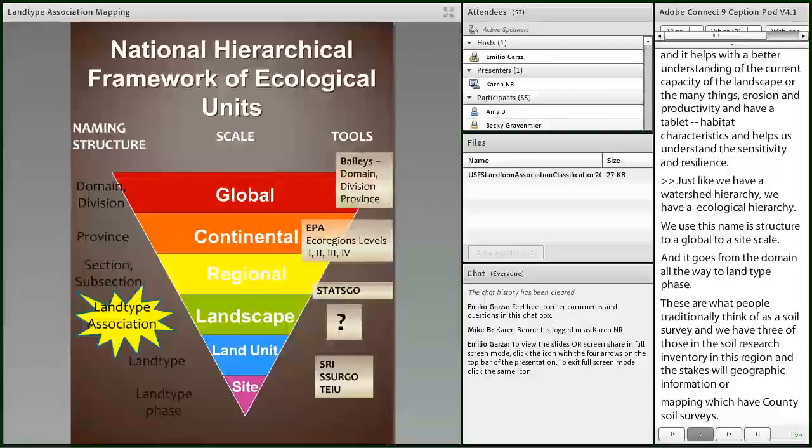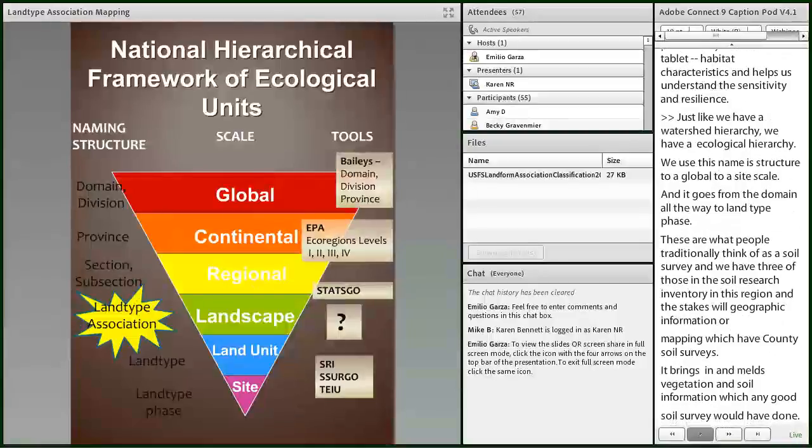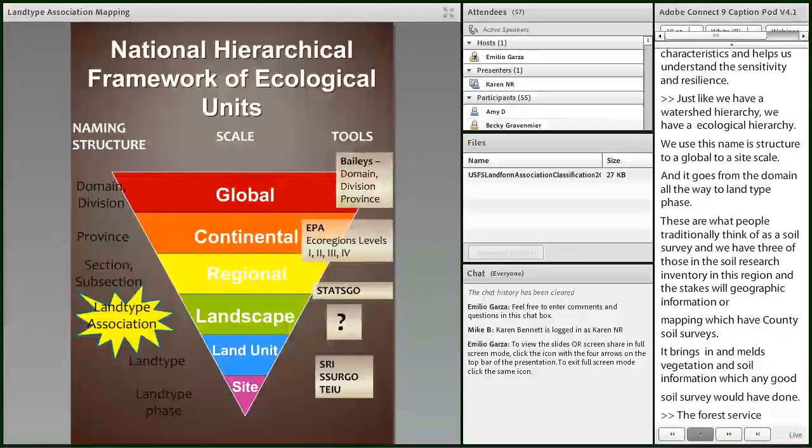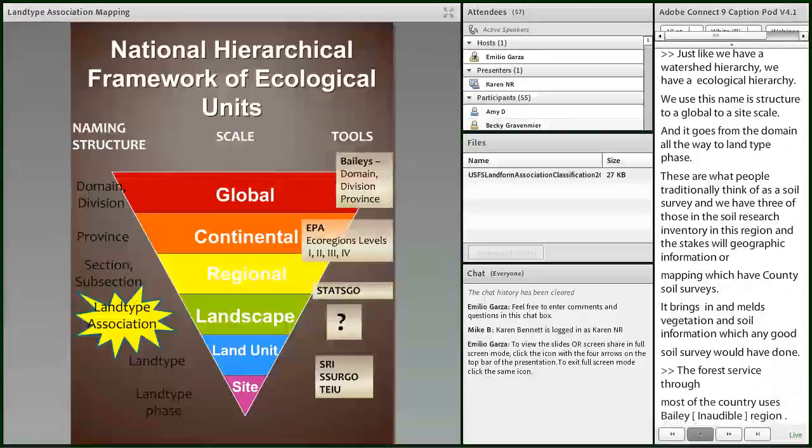So the Forest Service, through most of the country, uses Bailey's ecoregions. In this region, because we had a very collaborative effort between the EPA, USGS, Natural Resource Conservation Service, and the Forest Service, we all worked together to create the EPA ecoregion map.